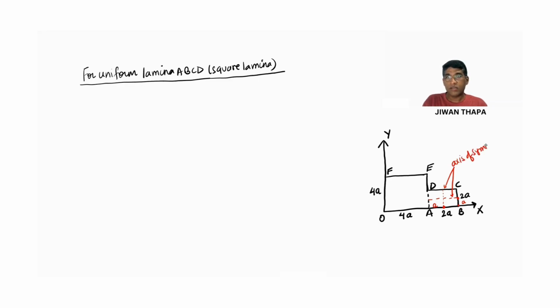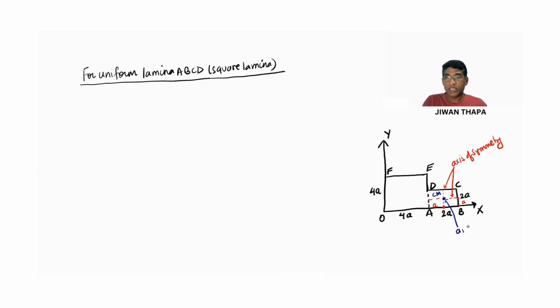These two lines represent the axes of symmetry, and they intersect at this point. This represents the center of mass, and its coordinate is A and A. We need to travel A distance along the x-axis and A distance vertically up along the y-axis.